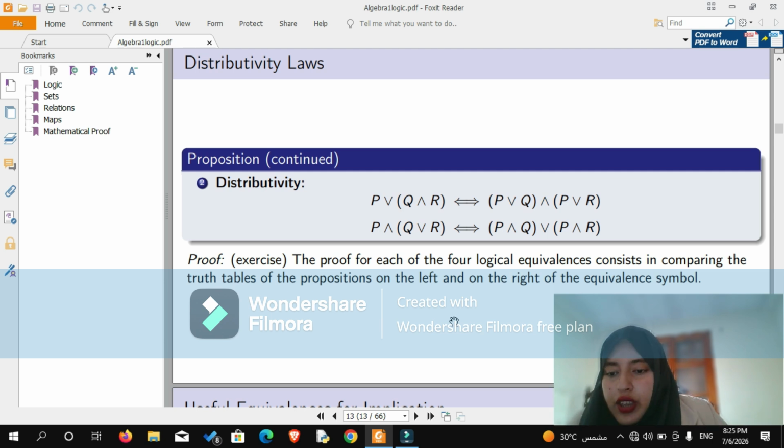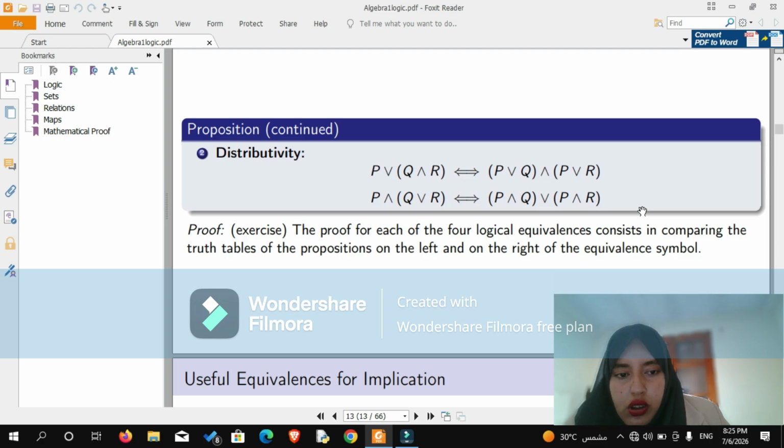Here we can also distribute both laws, and and or. The proof of this assertion is simple, and it can be proved with the truth table.